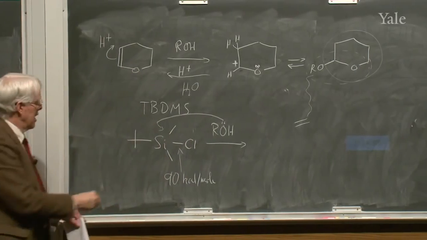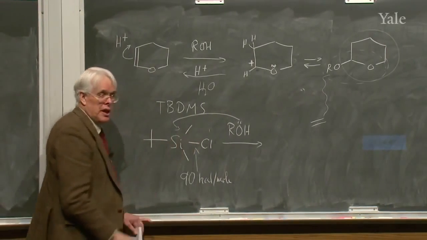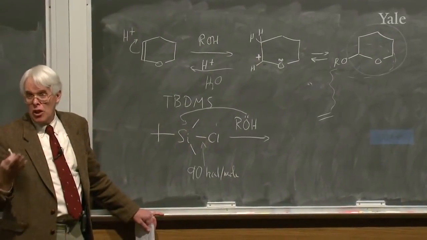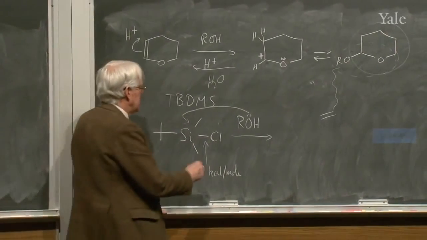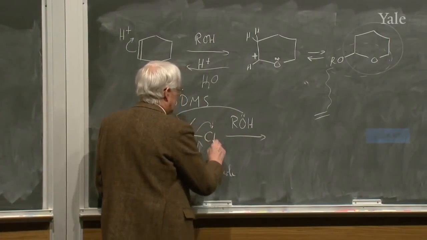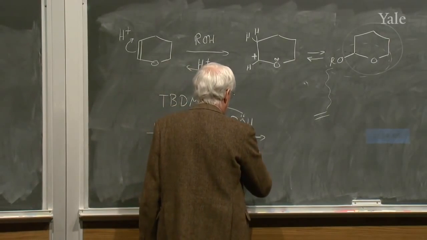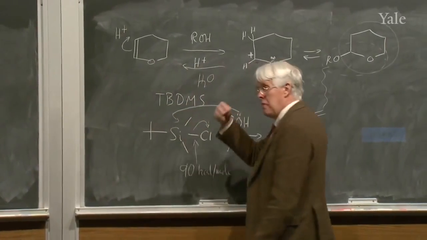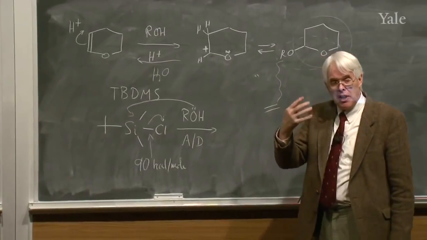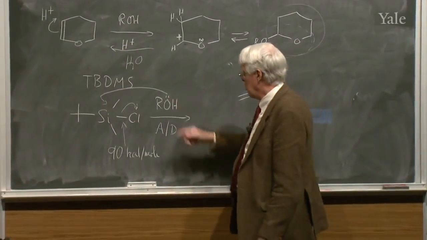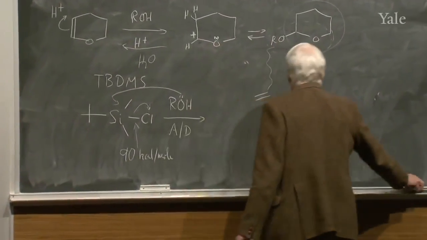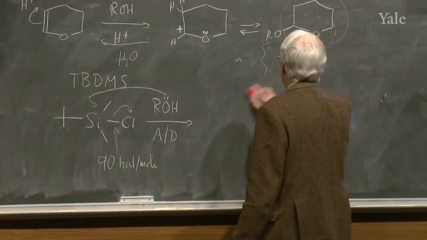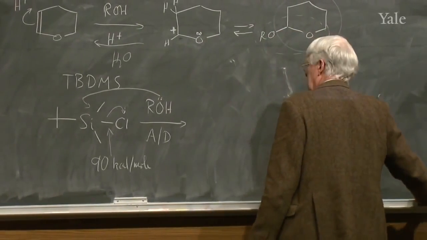So now the silicon has 5 things attached to it, right? But then the chloride can leave. It's not an SN2 reaction, it's an association followed by dissociation, because silicon down in the next row of the periodic table has vacant orbitals that can make a bond with that. Okay? Right?